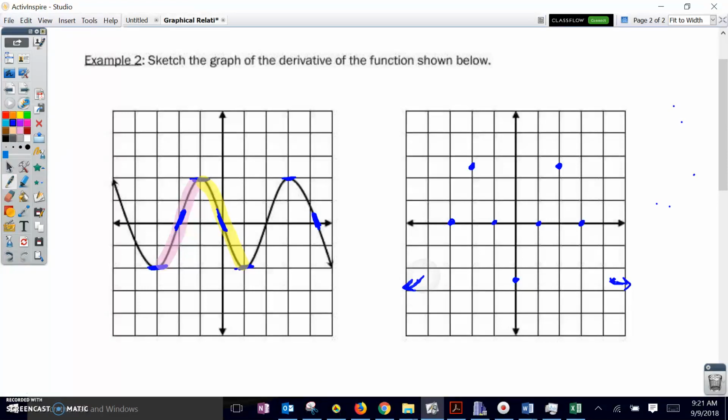And now it's a matter of just kind of sketching a smooth curve connecting these points. And this curve, since the original curve oscillates between -3 and 3, this curve should also kind of oscillate between -3 and 3.